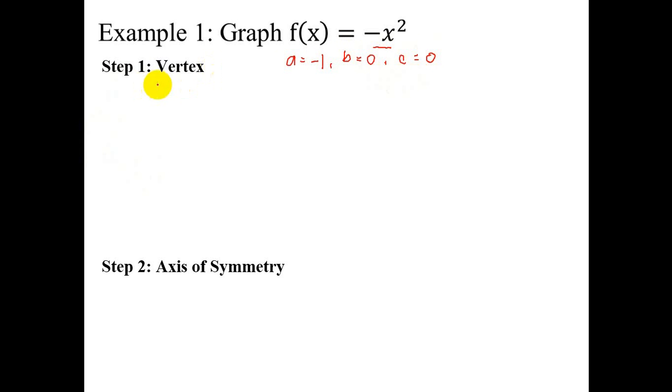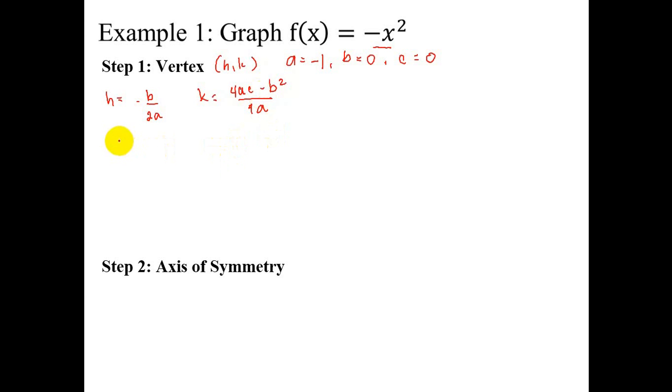Let us solve for the vertex h and k using the formulas. For h, we have negative b over 2a, while for k, we have 4ac minus b squared all over 4a. Please ready your calculator because you can already use your calculator to directly solve for the values of h and k.